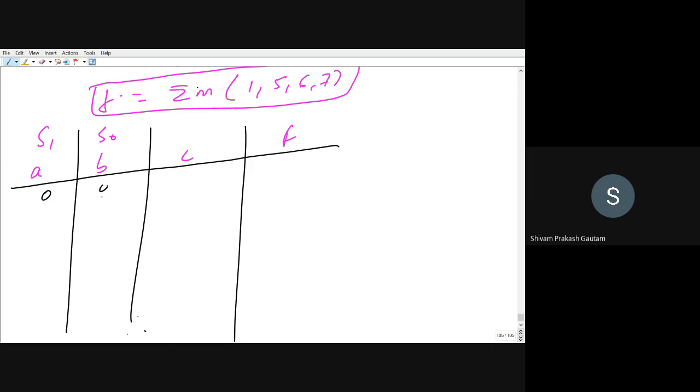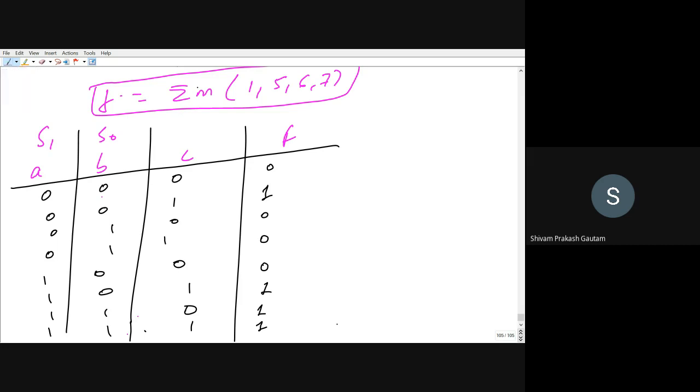So 000, 001, 010, 011, 100, 101, 110, 111. The min terms present are 1, 5, 6, 7, so those are 1, and for all the rest the value will be 0.